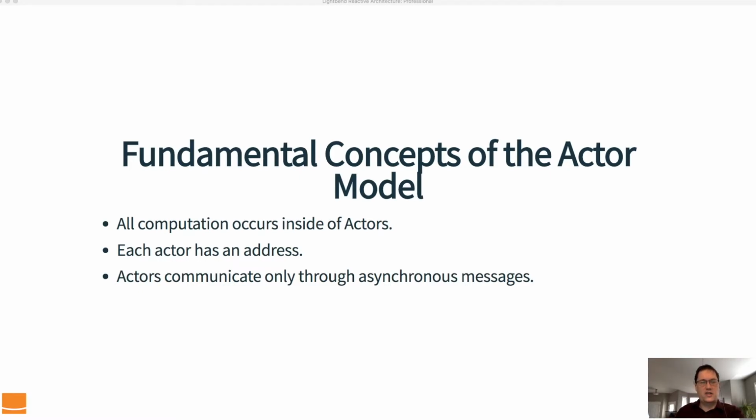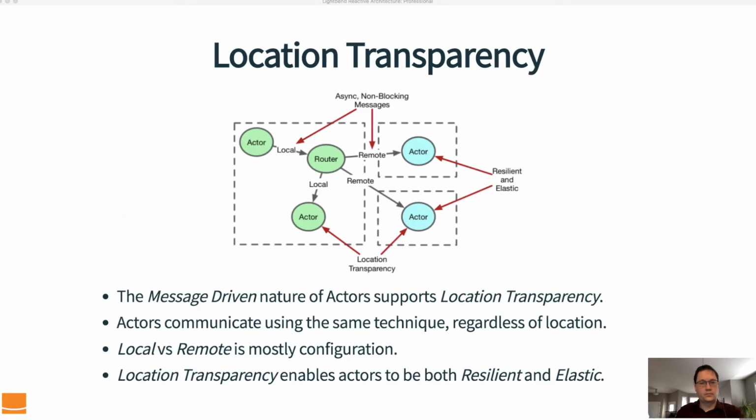Each of those actors is addressable. It has a unique address. And those actors communicate only through asynchronous messages. That is the only way they can talk to each other. Now, the message-driven nature of actors provides us something that we call location transparency. Our actors communicate with the same technique, regardless of location. This means that local versus remote is mostly about configuration.